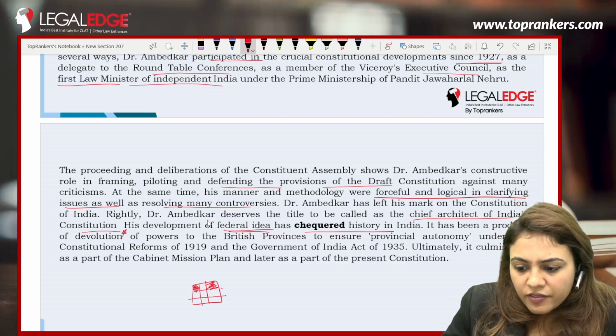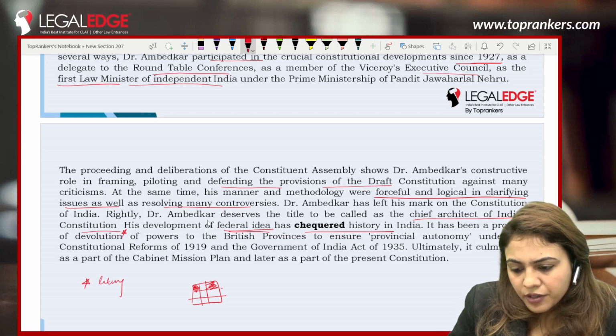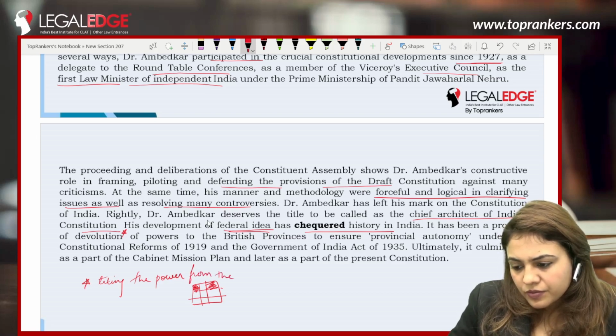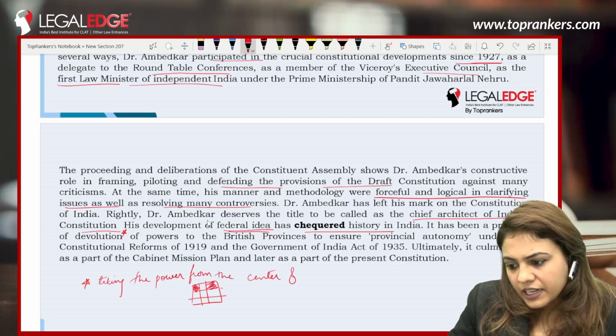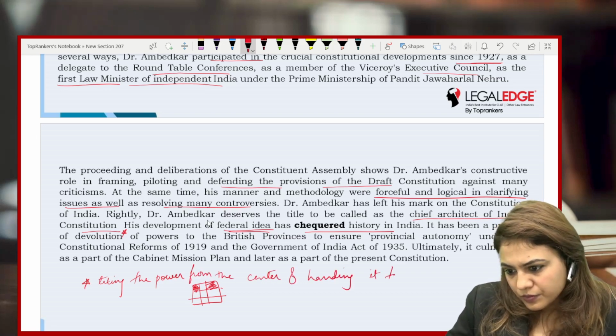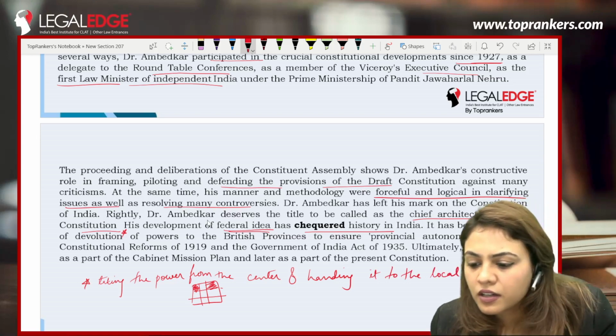What is the meaning of devolution? Devolution basically means taking the power from the center and handing it to the local. That means to the local government.